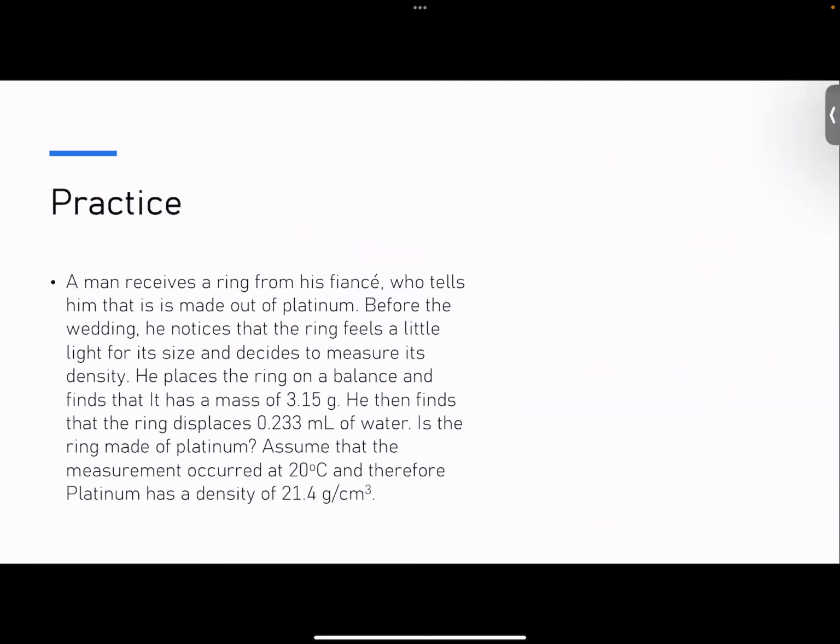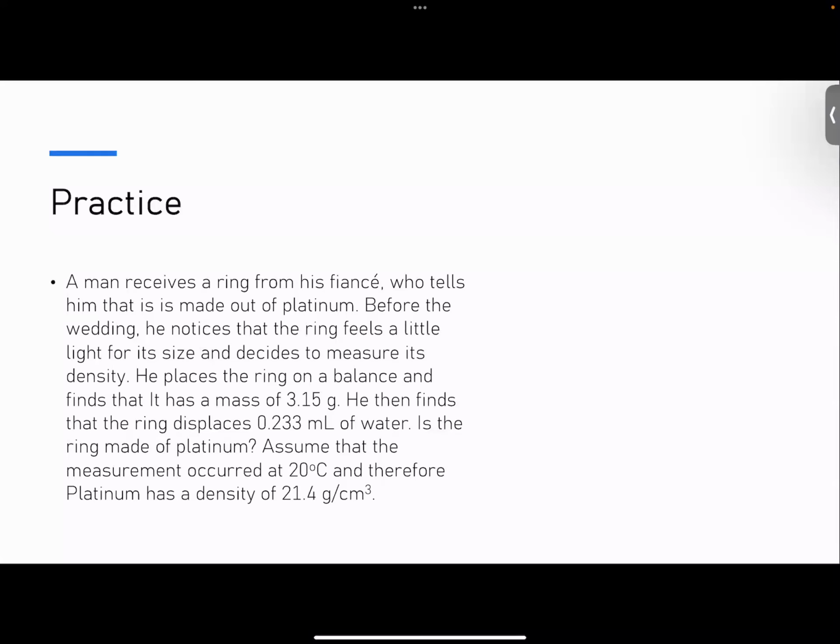Okay, I know you can't read this one, so I'll read it out loud. Why would we want to do some of this? Well, this man received a ring from his fiance who tells him that it is made out of platinum. Before the wedding, he notices that the ring feels a little light for its size and decides to measure its density.